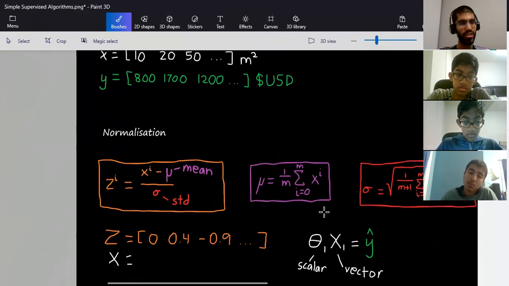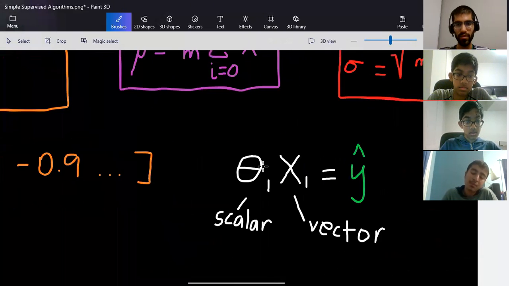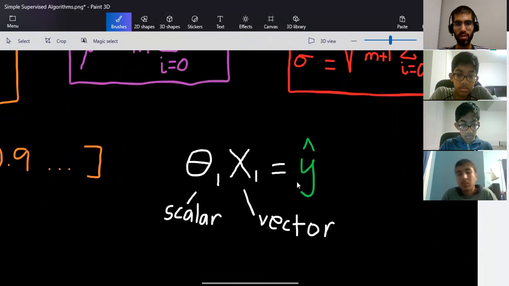Now, here's the issue. This is a really simple relationship, because it's just like, oh, you have one setting, theta1, and then you multiply by whatever input. That's not much room for the algorithm to learn. There's not even much room to get a proper linear relationship.